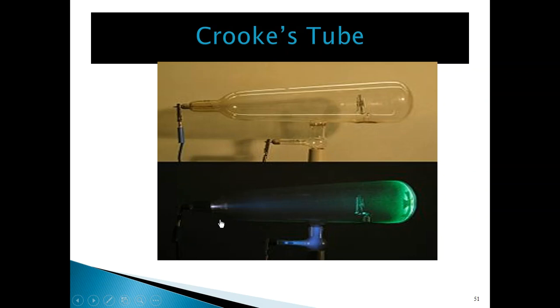You see a stream of particles that emanates from this electrode, which is known as the cathode, towards the anode, but they're energetic enough to fly past it, and when it hits the wall, the glass fluoresces or lights up, all right?